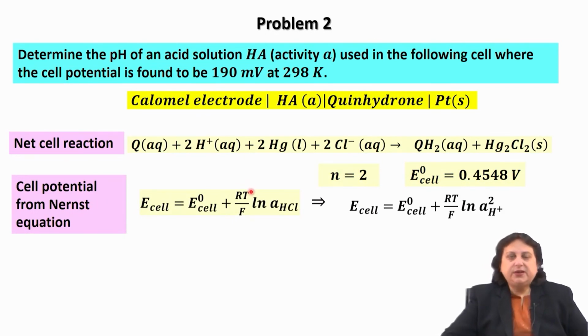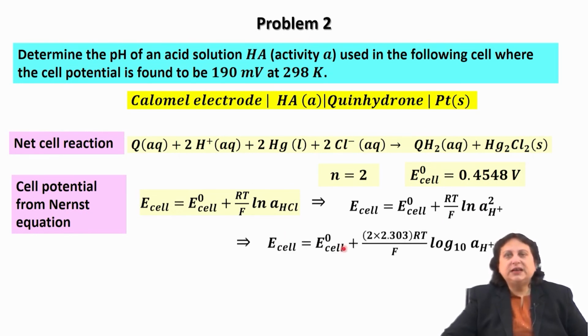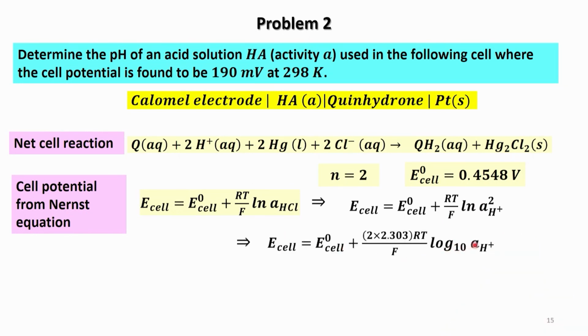Now, from this equation we further note that activity of HCl is activity of H plus into activity of Cl minus, and in HCl, in this univalent electrolyte, I can replace this activity by square of the activity of H plus ion. So, accordingly what I will do is I will go ahead and put this information over here.